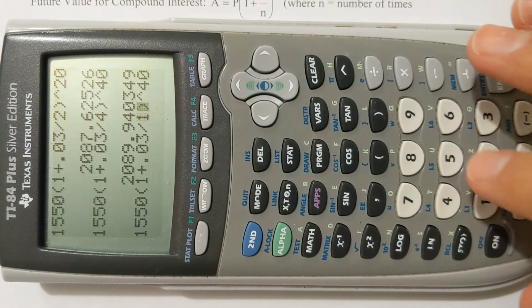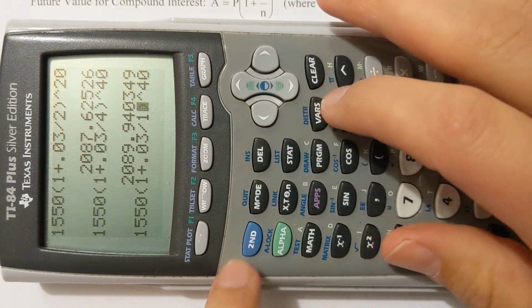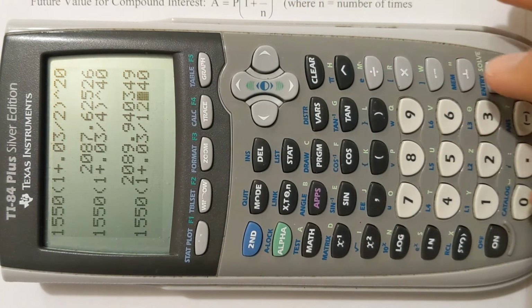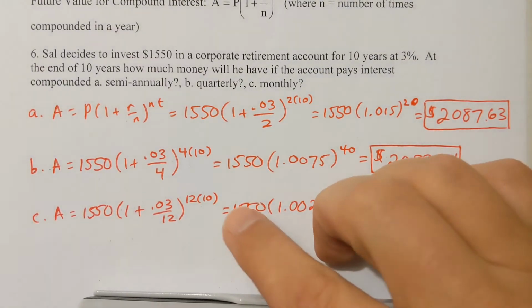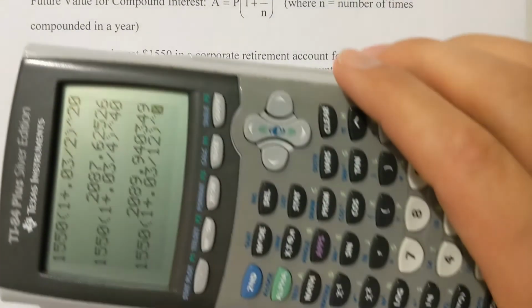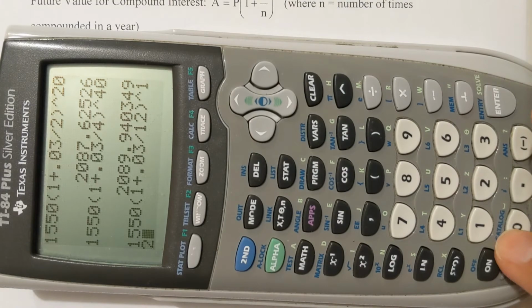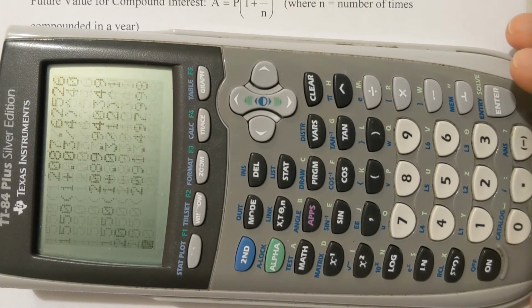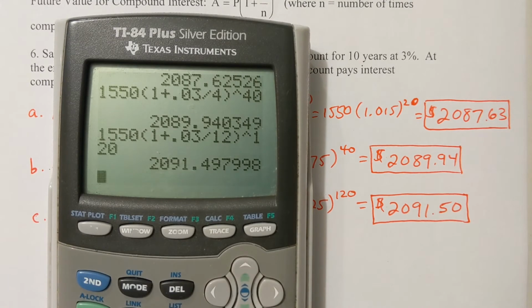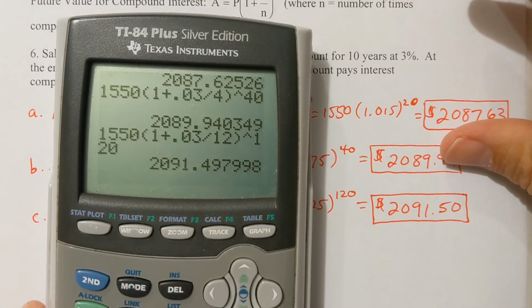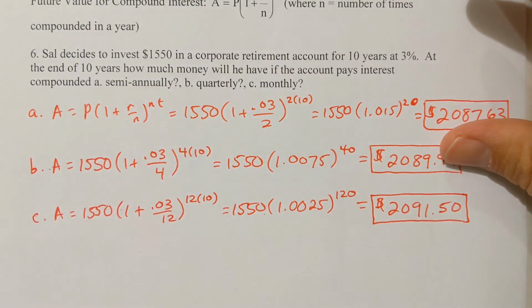So you've got divided by 12 to the power 12 times 10, which would be 120. Okay, and I'm getting $2,091.50. And of course, the more times that you compound, the more money you'll have.